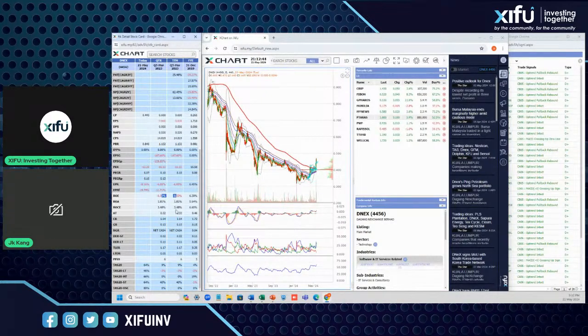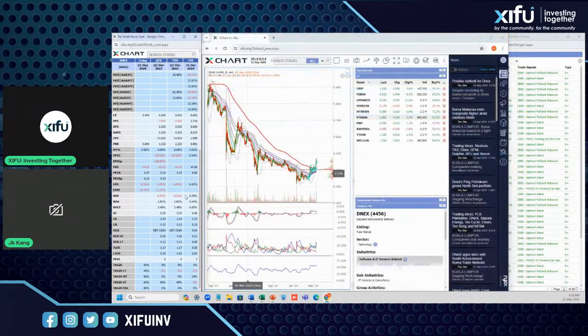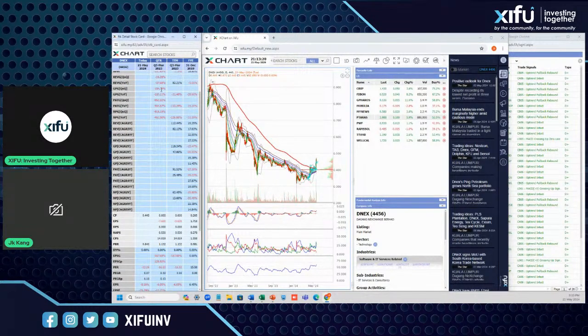So fundamentally, particularly on this stock DNX, I wouldn't say it is the best result this quarter, except for the gearing, net cash, and the short-term debt ratio of 0.2, which is pretty good. Total liability 1.17, okay. So liability-wise, the company is acceptable. But the quarterly result is not promising.